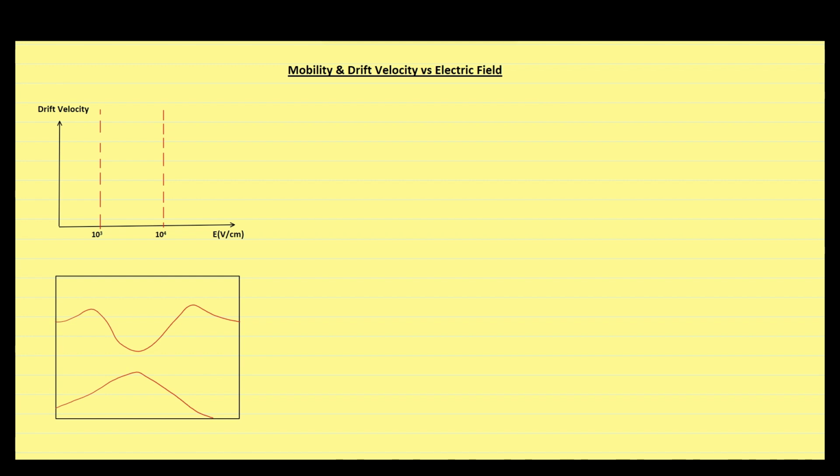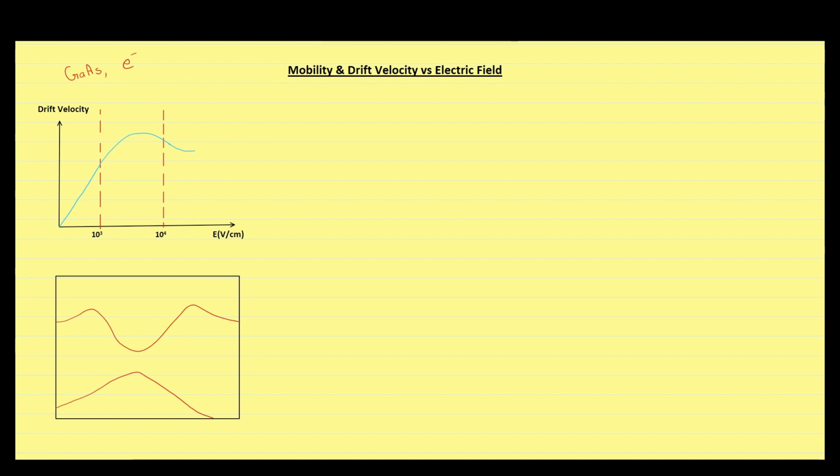Most of the semiconductors have similar graphs for drift velocity versus electric field. However, for a few semiconductors like gallium arsenide, the curve for drift velocity versus electric field for electrons comes out slightly different, which is like this.